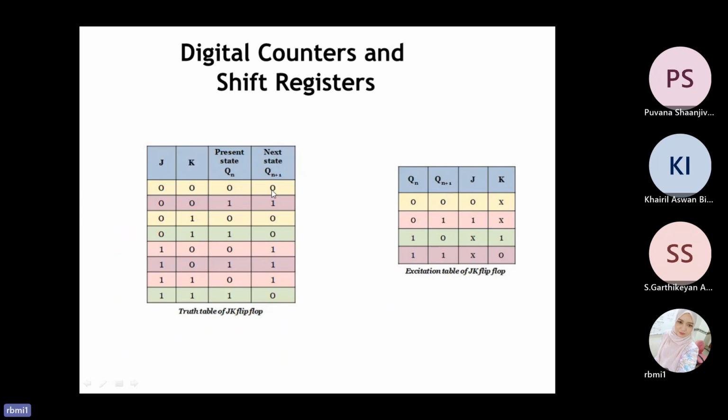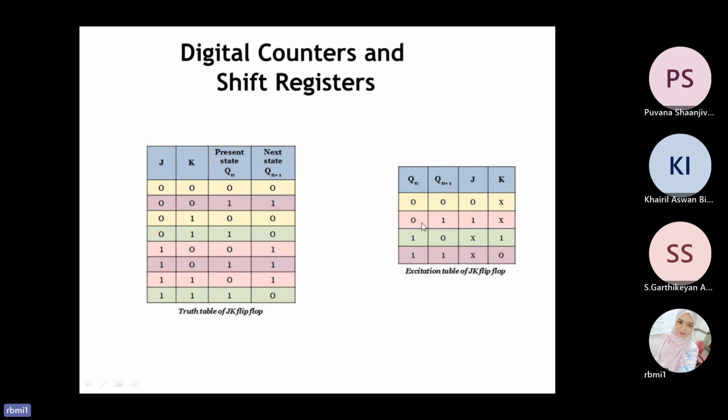If we want to get the output 0, 0, the input of the JK must be either 0, 0 or 0, 1. Meaning that there will be no difference in J, but K is between 0 and 1. That is why J is 0, K is X. It is either 0 or 1.